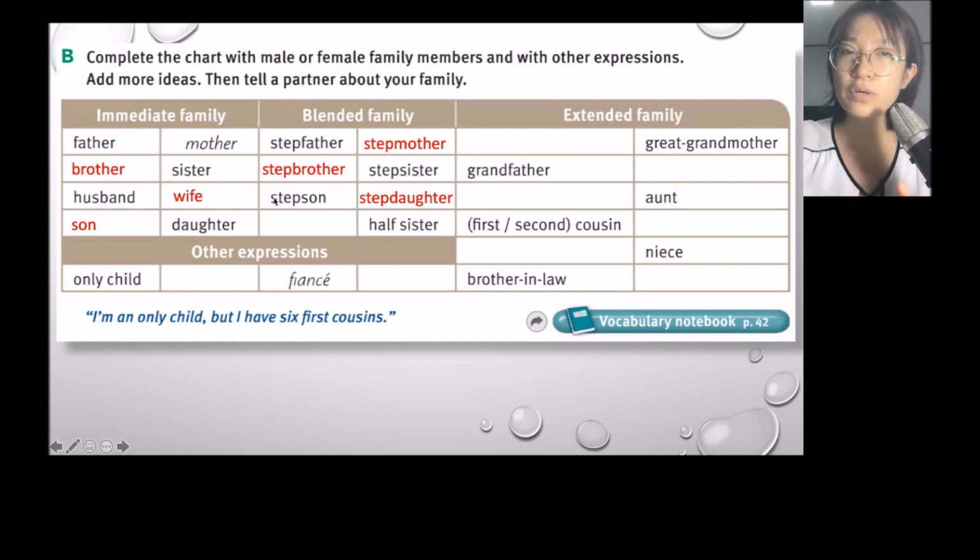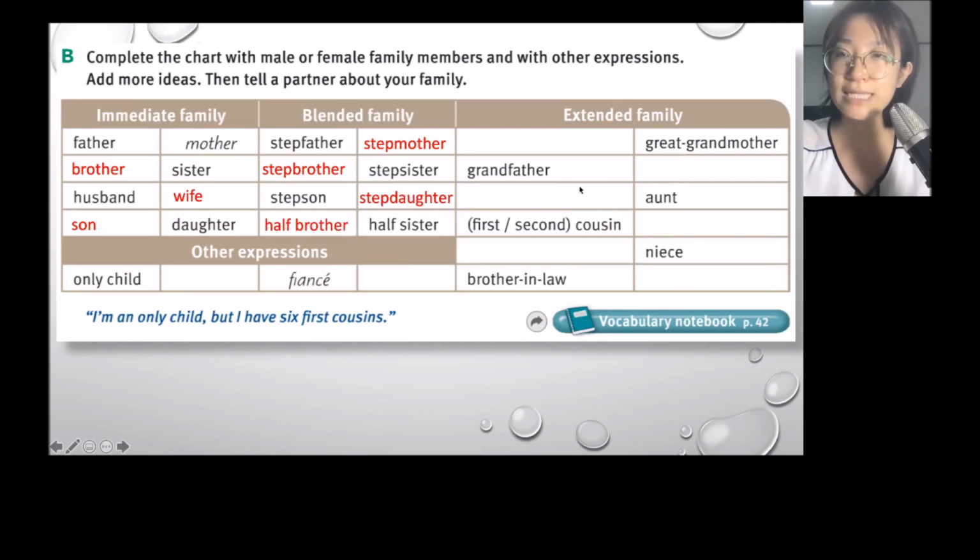And if your father or mother have children with your stepfather or stepmother, these children become your half sister and half brother. Clear?